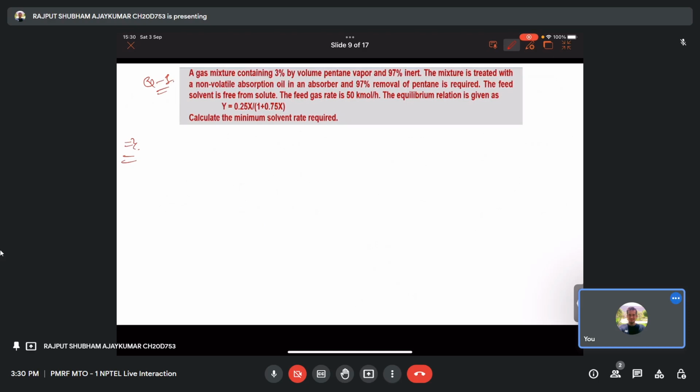So we have given the gas rate equal to 50 kmol per hour and y1 equal to 0.03 mole fraction.